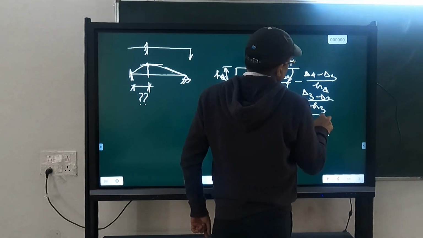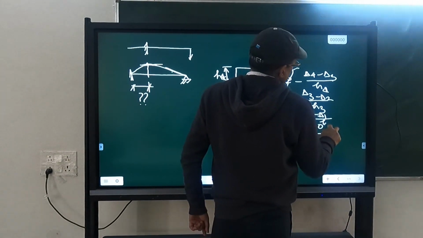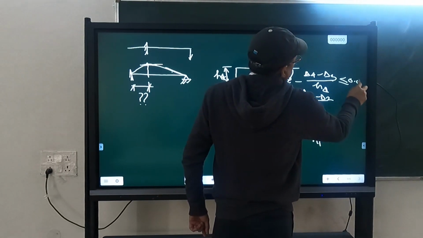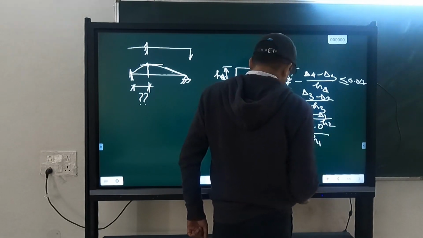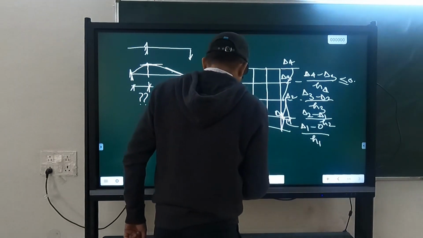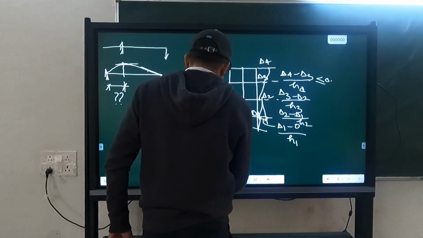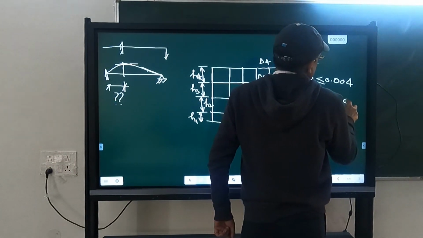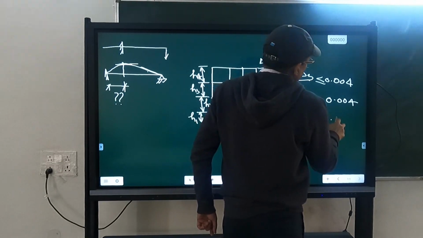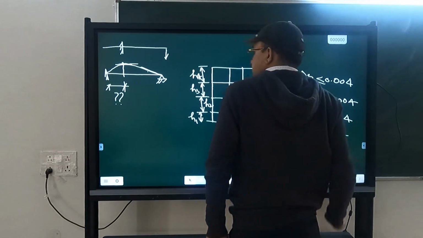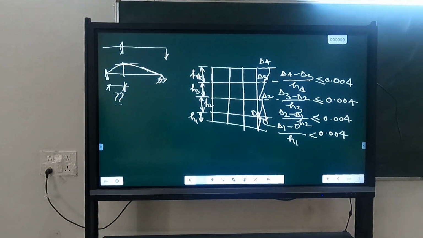Here you can calculate delta 2 minus delta 1 divided by h2, and delta 1 minus 0 divided by h1. All of this should be less than this, which is the limit of interstory drift ratio. This has nothing to do with our 5004 strain. This is something different.